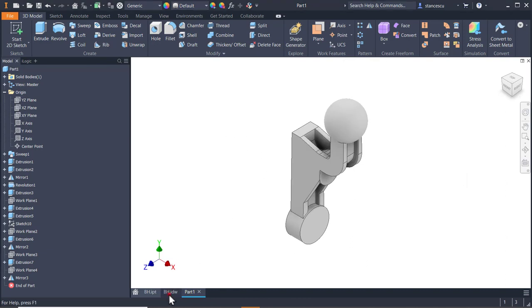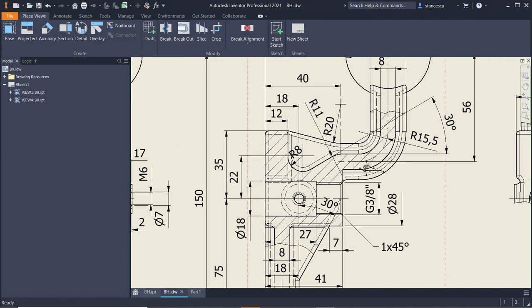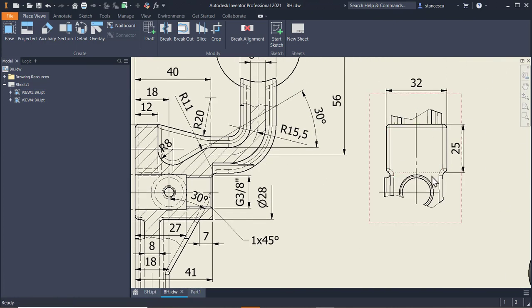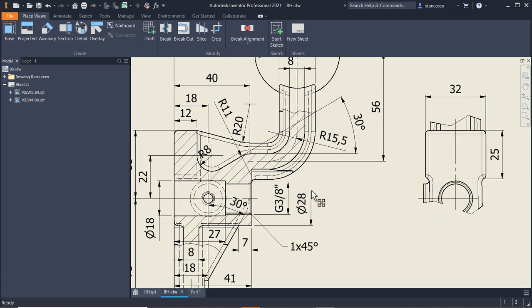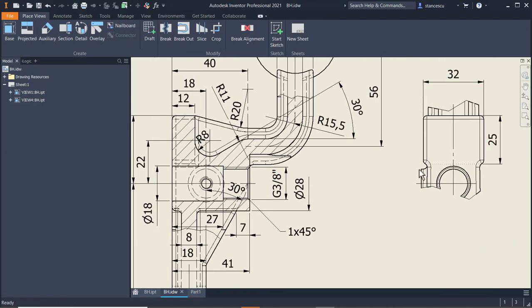Now there is a small rectangle here to be outside the contour. Dimensions are 32 and 25, and it starts from this down.